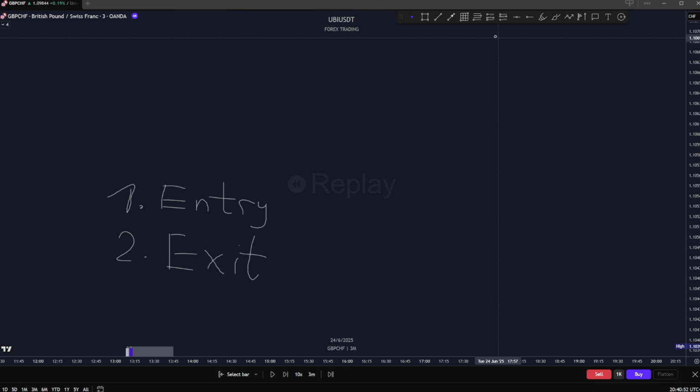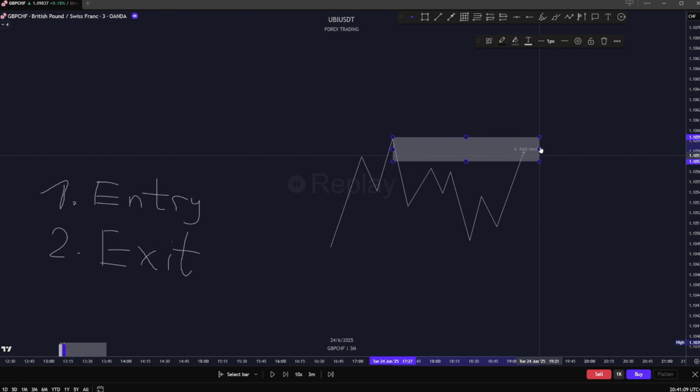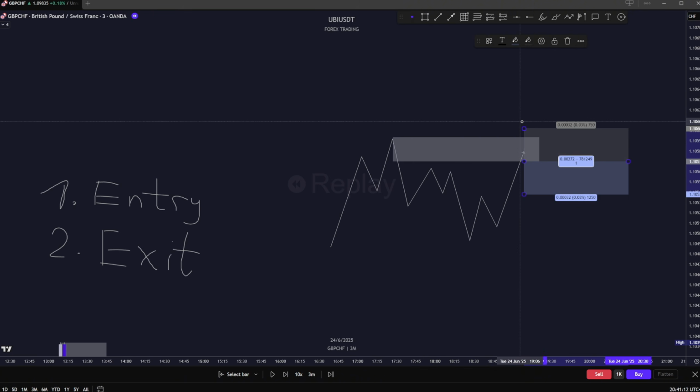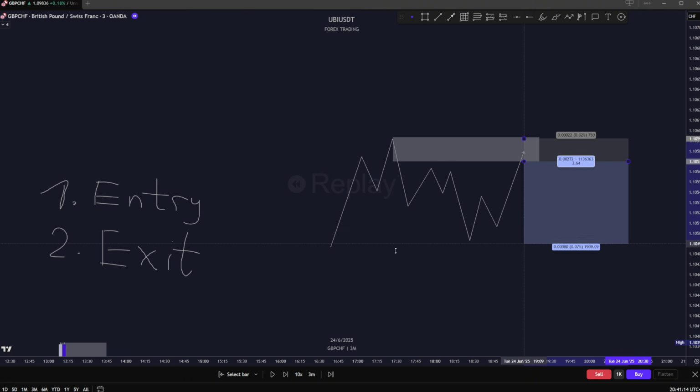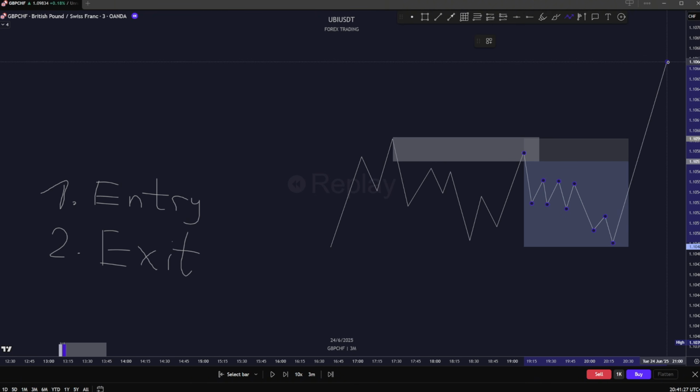Let's say you have entered trades from here, maybe after some liquidity sweep right here, and you have opened sells from here, and you have targeted, for example, not this low or this low, but this low. There is a high chance that price will move like this, taking out this low right here and then moving upside.